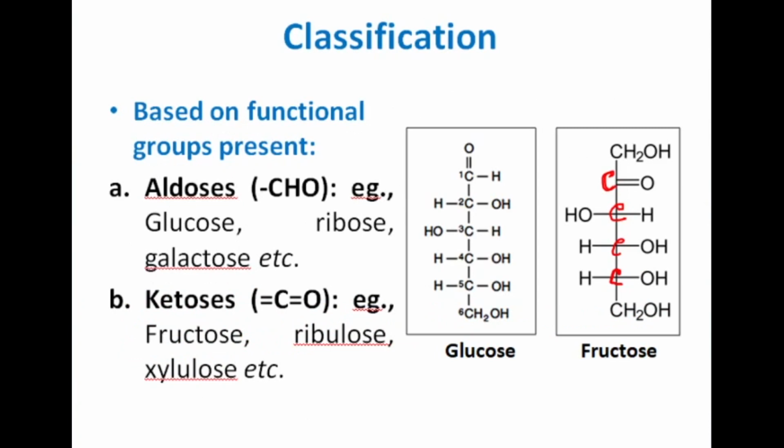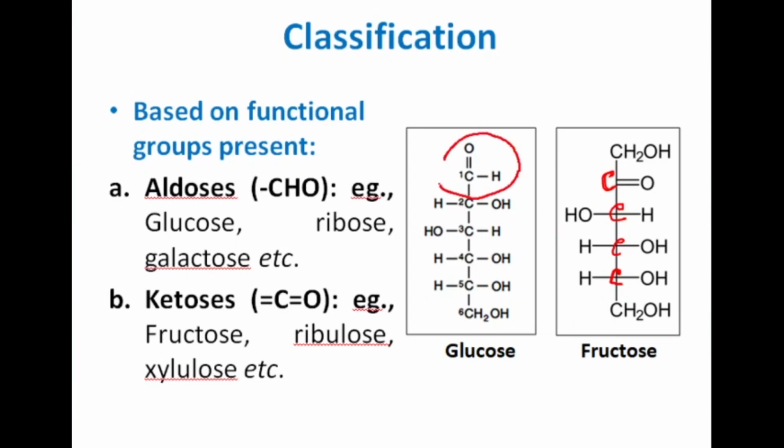They are basically classified chemically into two groups, aldoses and ketoses. Here I have shown you the structure of one aldose sugar and one ketone sugar. In these two diagrams, on the left hand side, I have shown you the structure of glucose.